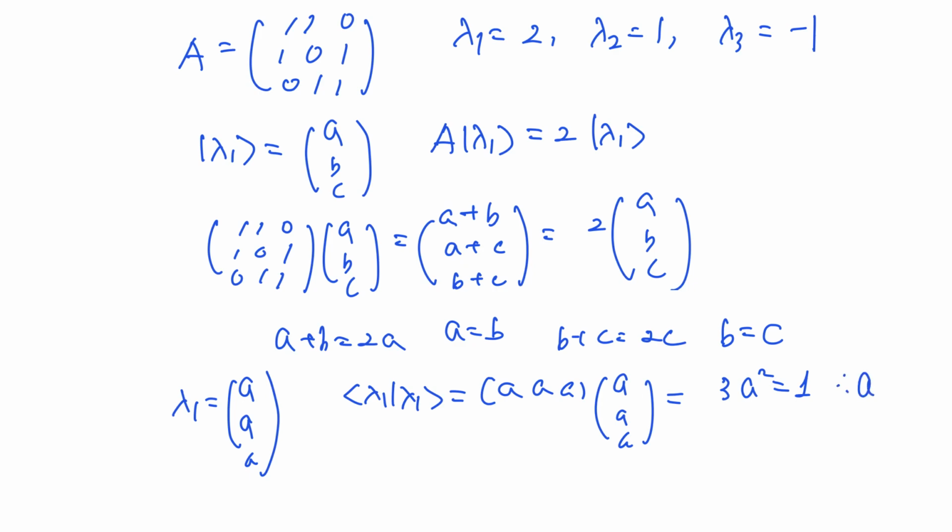So A is 1 over square root of 3. So the eigenvector for lambda 1 can be 1 over square root of 3 times 1, 1, 1.